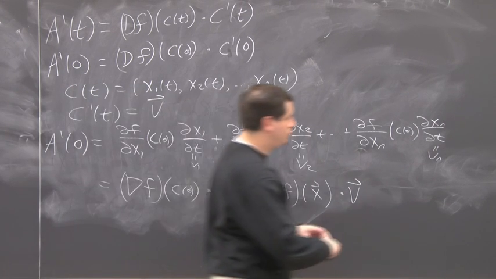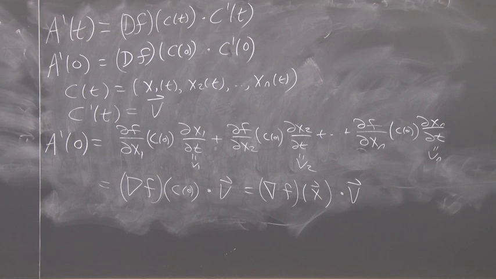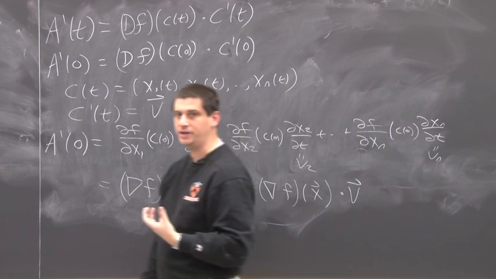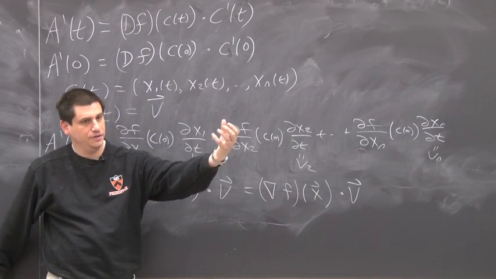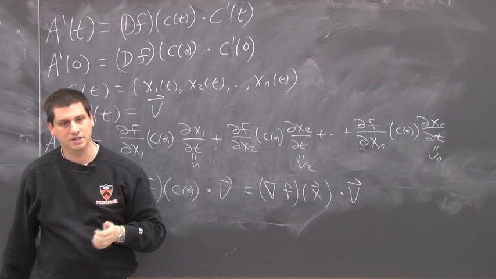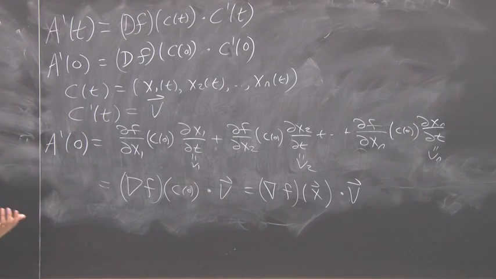It's just an application of the chain rule. What makes it work is that it's very easy to calculate the derivative of C of t. We're just moving in a line anchored at the point x in the direction v. So C prime of 0 is just that direction v. C of 0 is just the anchor point that I care about. It's just x. And so now this is the directional derivative.